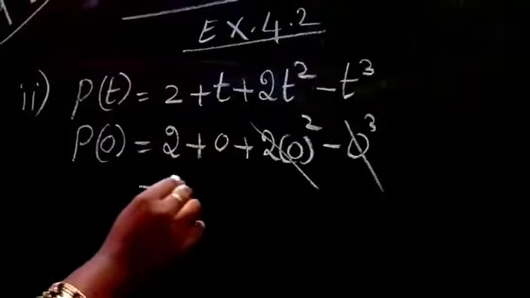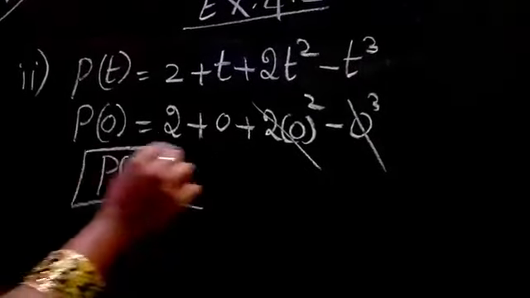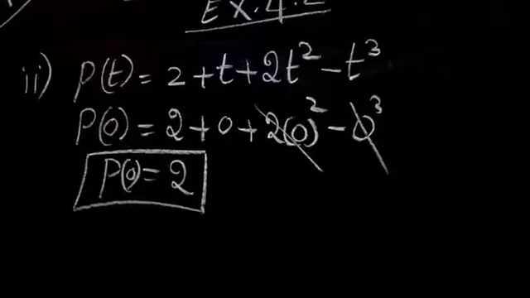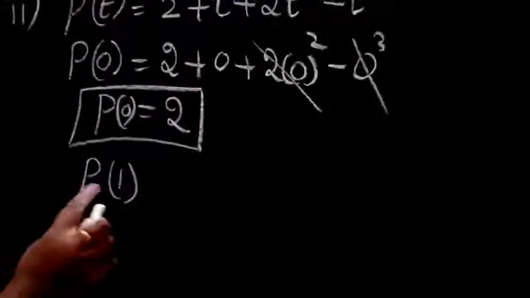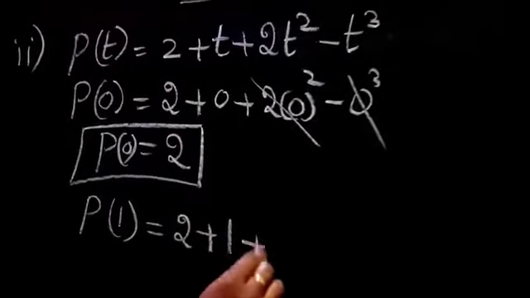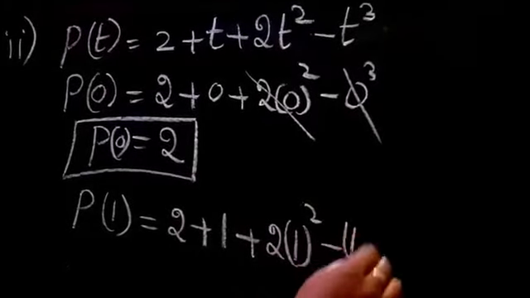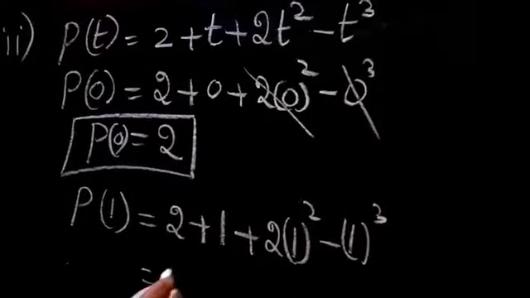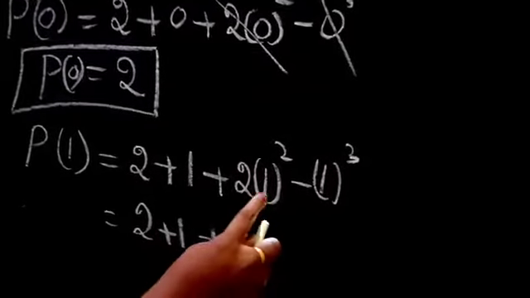So our value will be 2. P of 0 is equal to 2. Next we are going to apply 1 in the t place. Therefore p of 1 equal to 2 plus 1 plus 2 into 1 square minus 1 cube, equal to 2 plus 1 plus 2 into 1 square is 1.